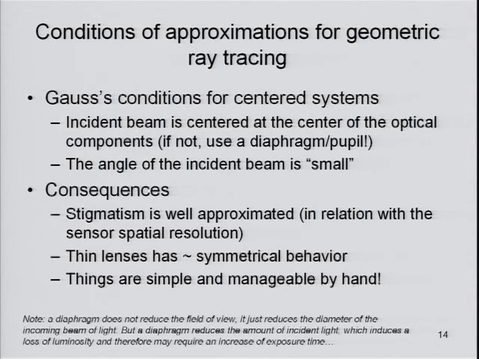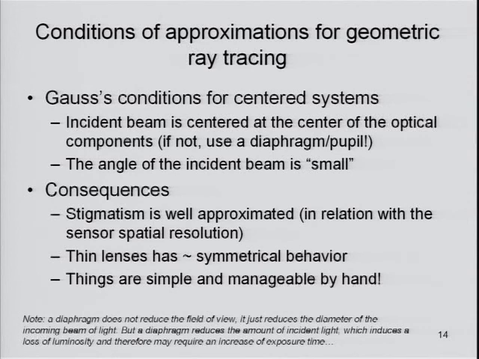The first assumption we need to consider is that the incident beam of light is centered around the optical axis of the optical component, but also that it is not too large. In other words, we don't have rays close to the edges of the lenses. And if that's not the case, just use a diaphragm, a pupil.